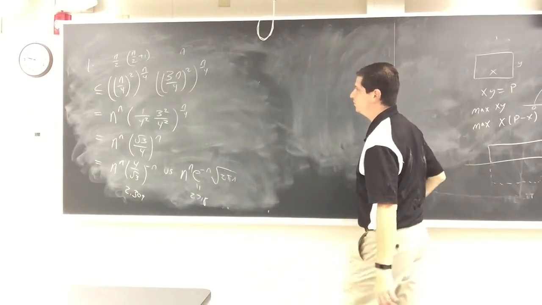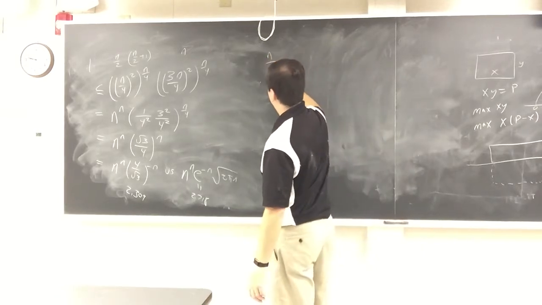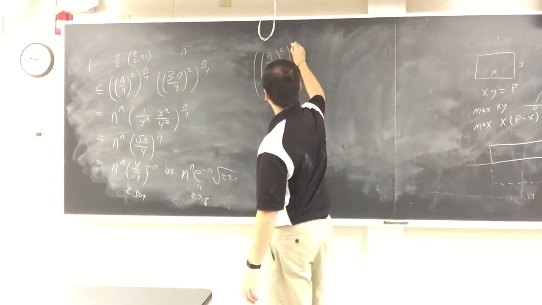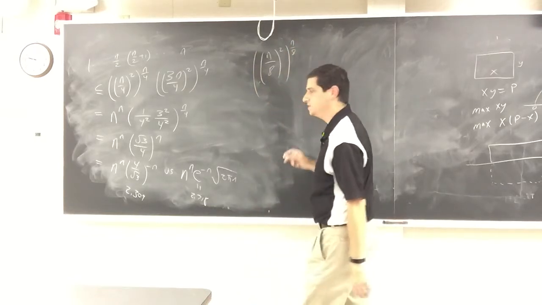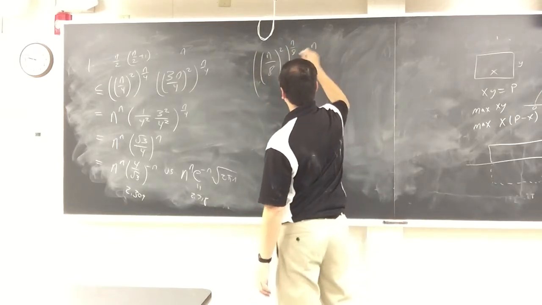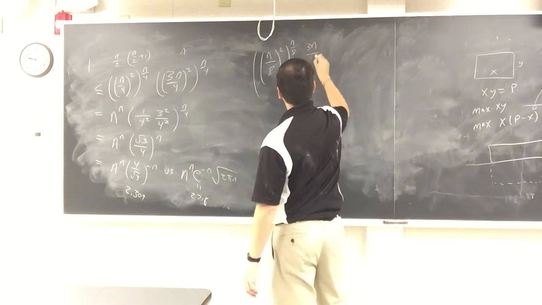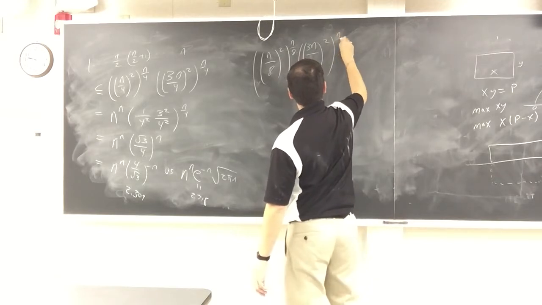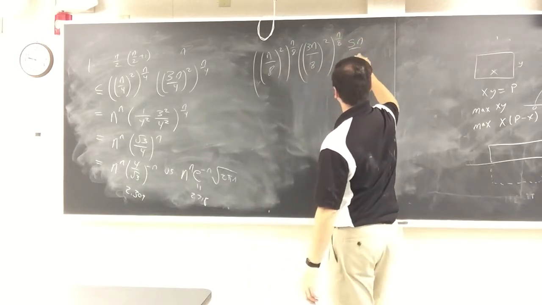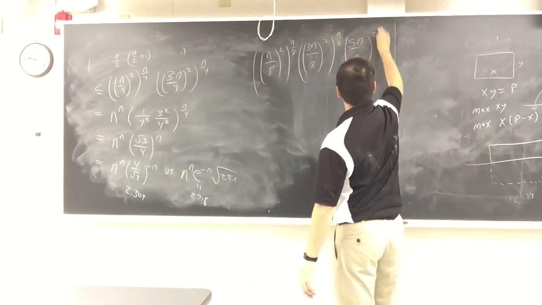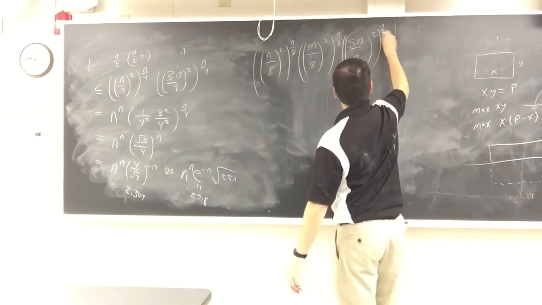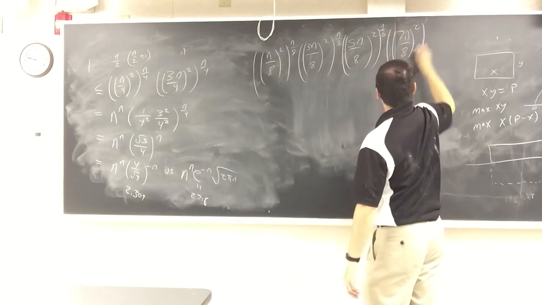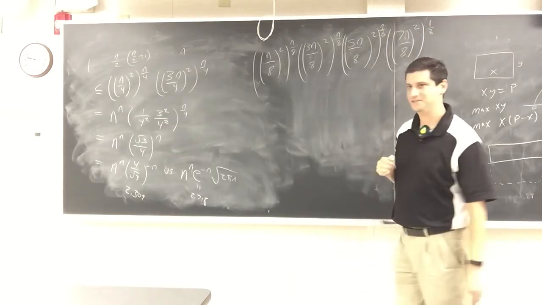I'm not going to write all the stuff on the board, so now I'll have n eighths squared to the n eighths, right? The next one would be 3n over 8 squared to the n over 8, and then 5n over 8 squared to the n over 8, and then 7n over 8 squared to the n eighths.